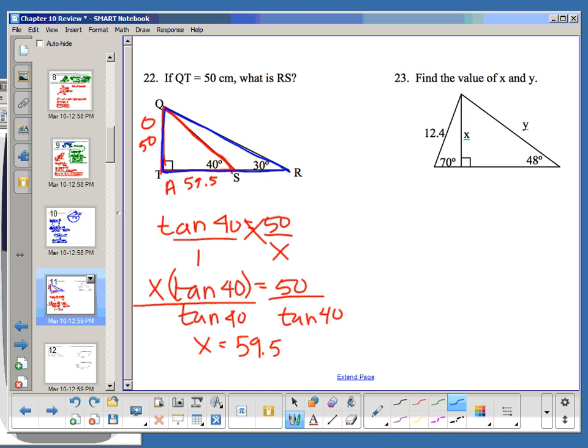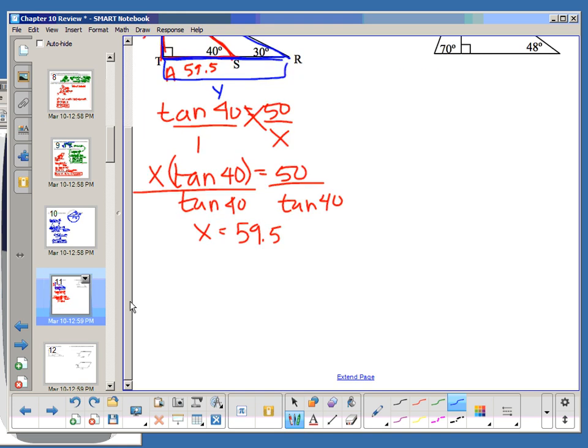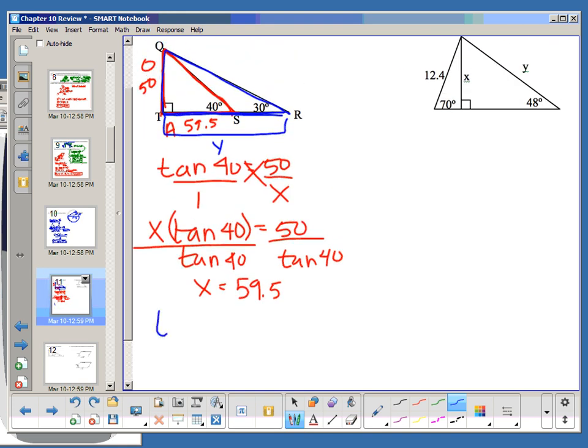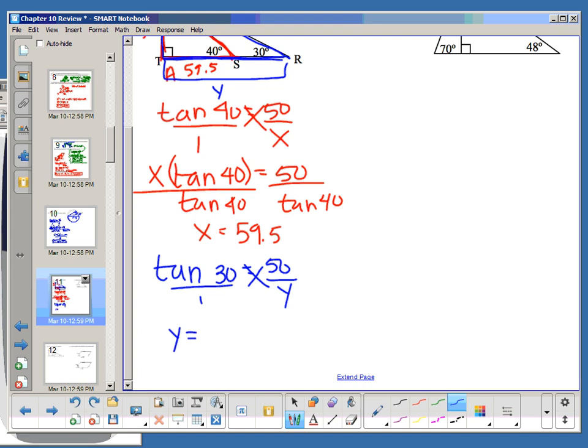Now I want you to look at this big triangle. And I want you to find this whole length. So from here to here, we'll call that y. Still using tan. So I'm going to set up tan of 30 equals 50 over y. And same cross multiplication. And you can go through that extra work. You have to do 50 divided by tan of 30.